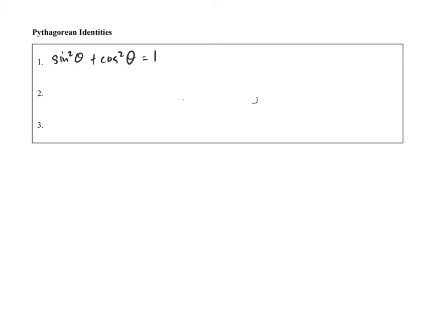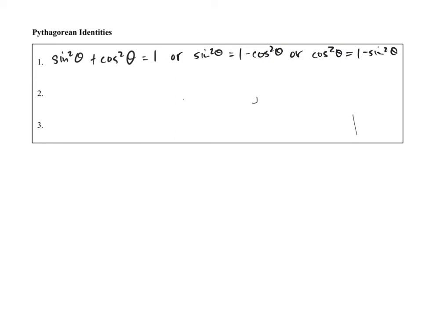So for example, what I could do in that identity is I could subtract cosine squared to the other side, and so that would give me something like sine squared theta is equal to 1 minus cosine squared theta. Or one other thing I could do is I could subtract over the sine squared, and I could get that cosine squared theta is equal to 1 minus sine squared theta. So you need to be aware that there are multiple different ways to represent these Pythagorean identities.